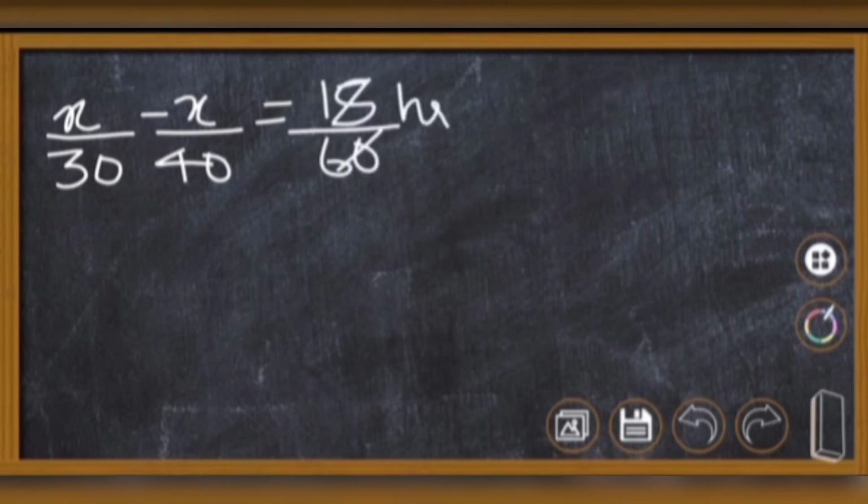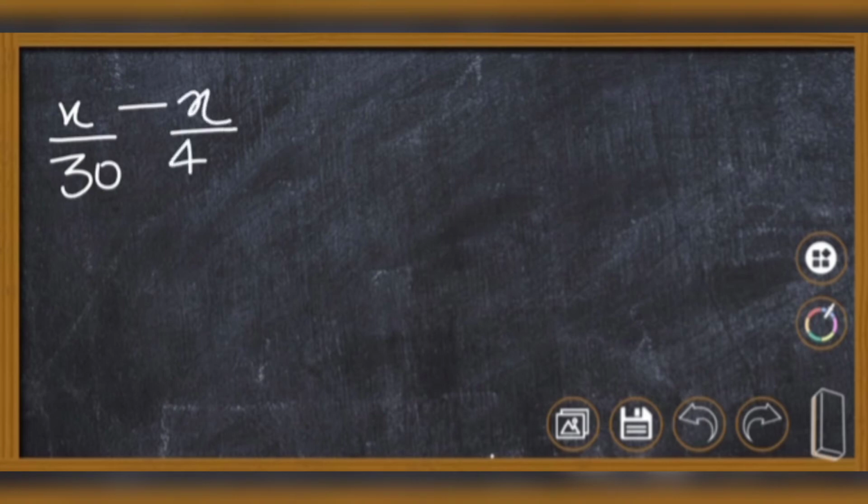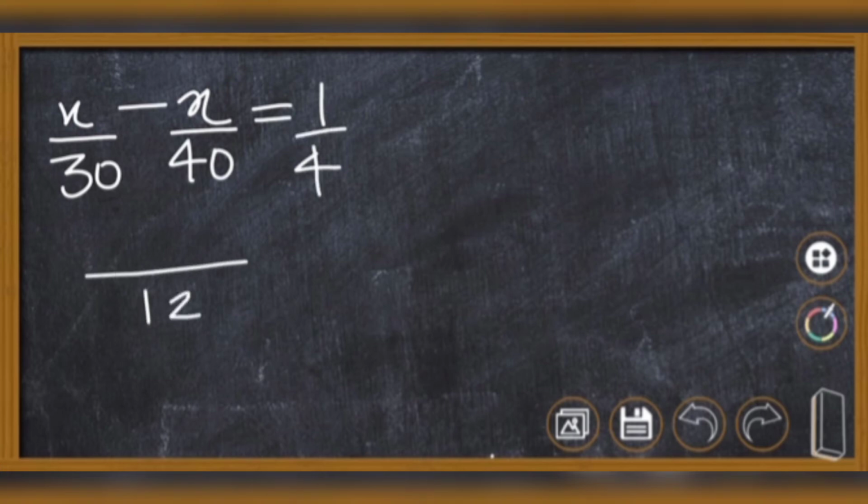So, 15 and 60 get cancelled by 15, and it becomes 1 by 4. So, x by 30 minus x by 40 is equal to 1 by 4. Taking the LCM of 30 and 40, 120 becomes the LCM.